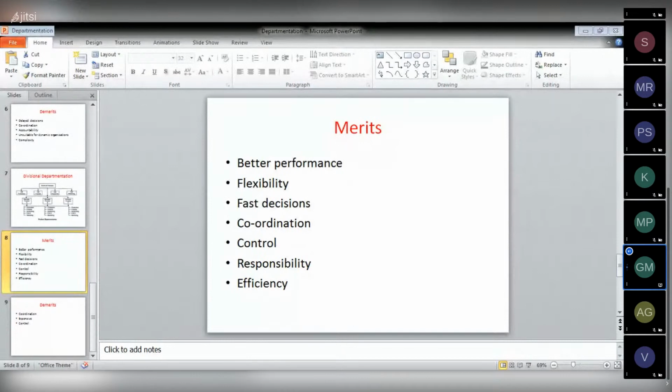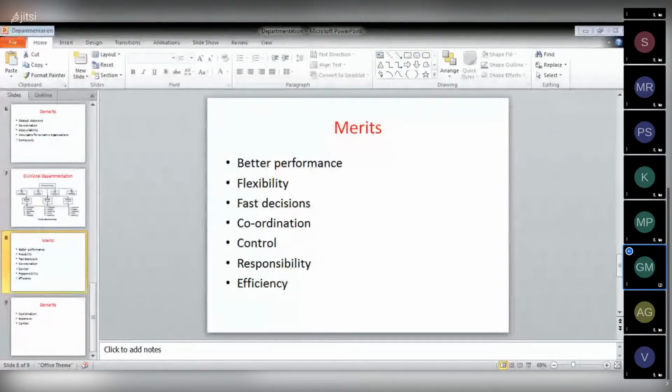Demerits. When it comes to the demerits, coordination becomes very difficult when divisions focus excessively on their own activities and departments without linking their performance with other departments.